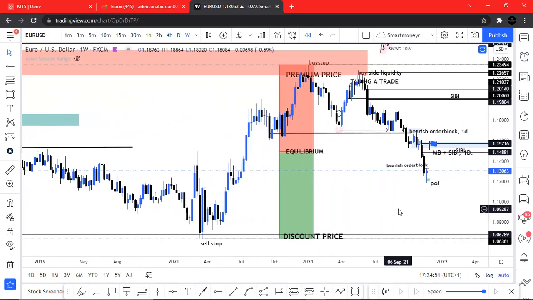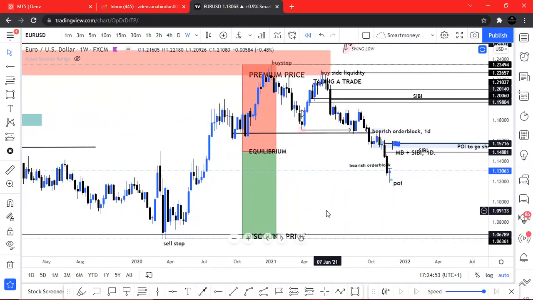When it gets to discount, and it takes out this sell stop, then it will keep forming new lows. Price will keep dumping until it hits a much higher time frame discount array or discount sell stop, before it can find some momentum to go back up.